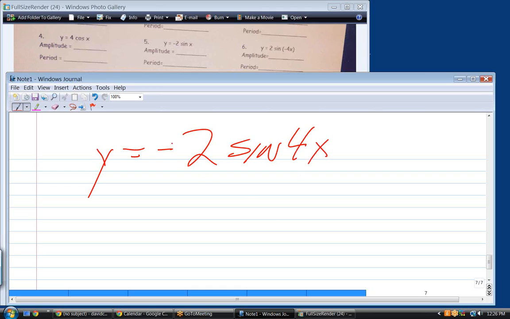Because at this point, you know how to handle that negative sign. It's a reflection about the x-axis. Well, with sine, a reflection about the x-axis is the same as a reflection about the y-axis.